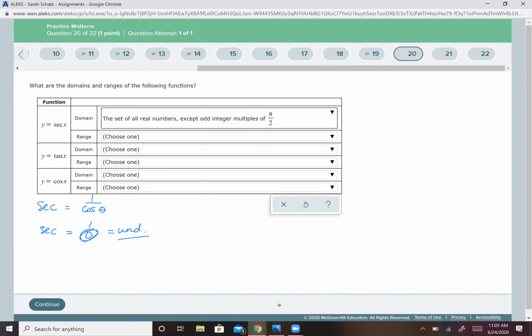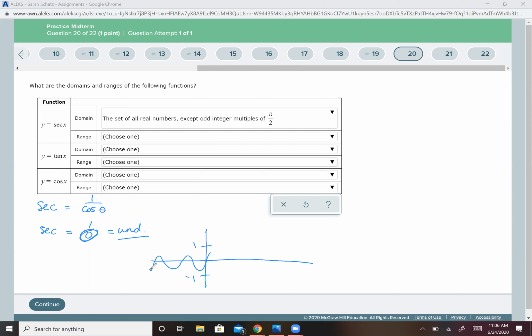What about the range of secant? Remember that cosine and sine stay within 1 and -1, but secant and cosecant are everything on the outside of that. If you want to, picture the graph. Here's 1, here's -1.